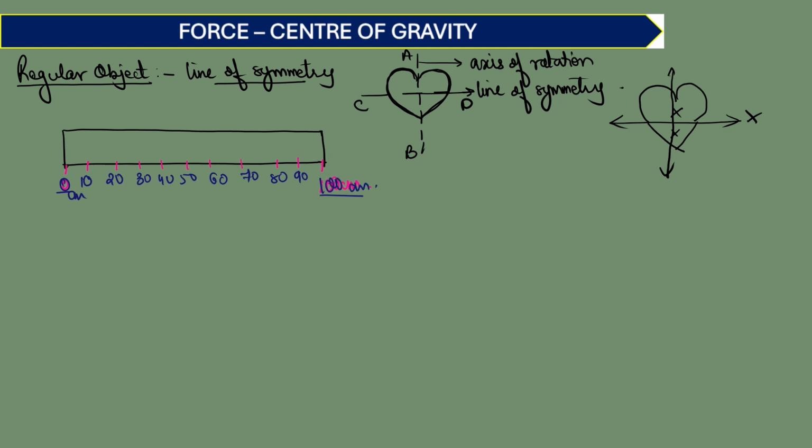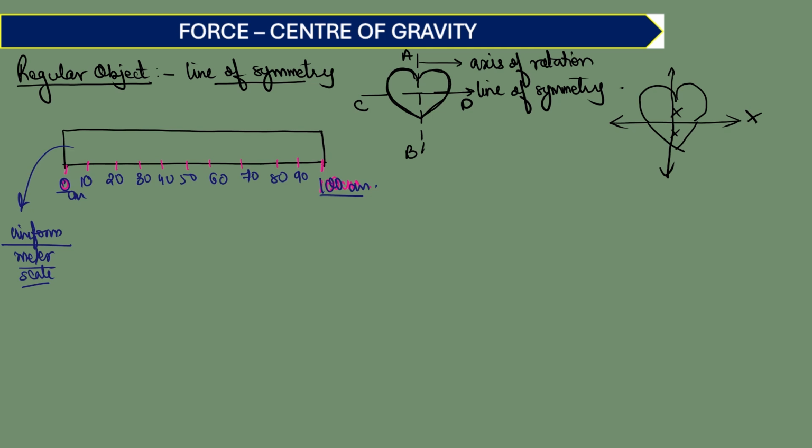So if this is a uniform meter scale, what did I call it? A uniform meter scale. The word uniform is important. Why is it uniform? It is uniform. That means that the distribution of the density in this scale is uniform. That means all the atoms or all the molecules of this alloy are arranged in such a manner that the scale has a uniform fixed number of atoms at a given point.